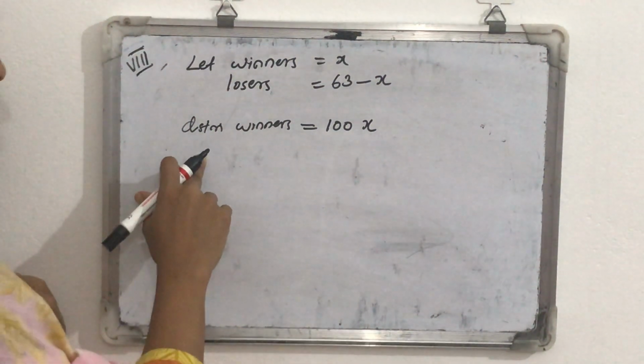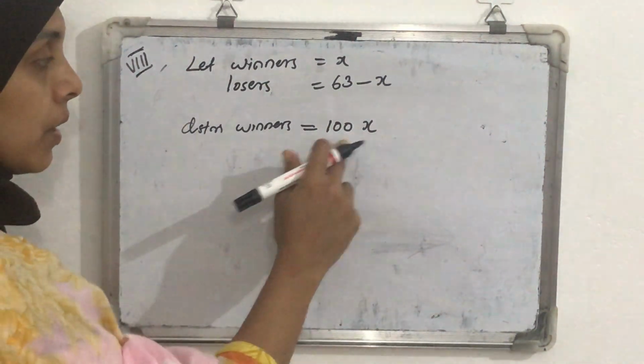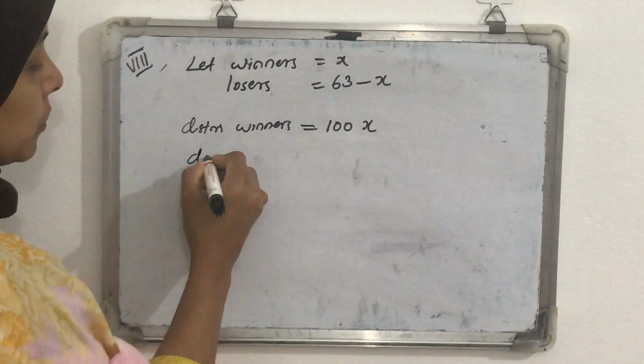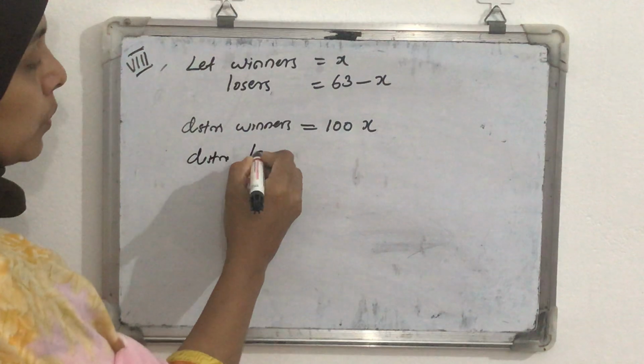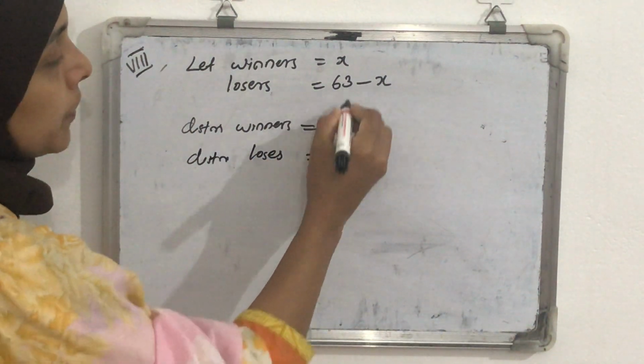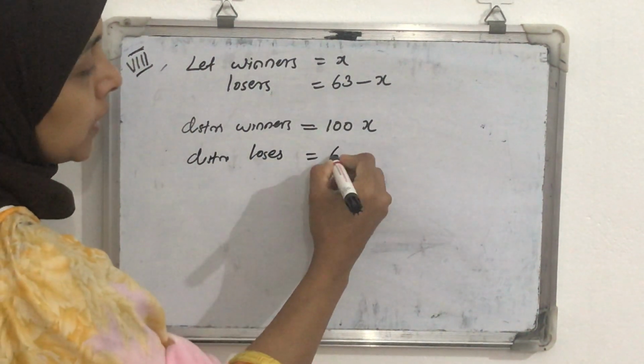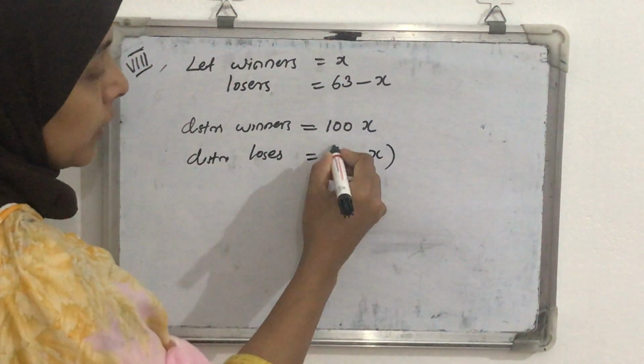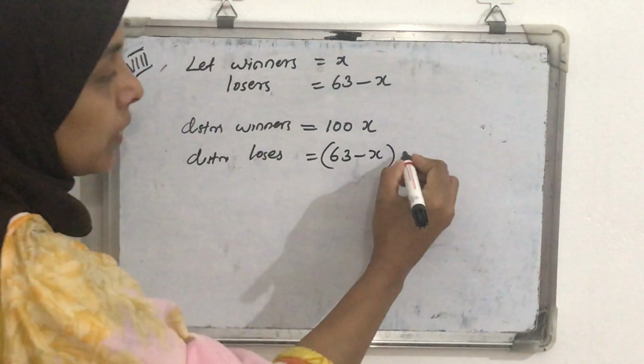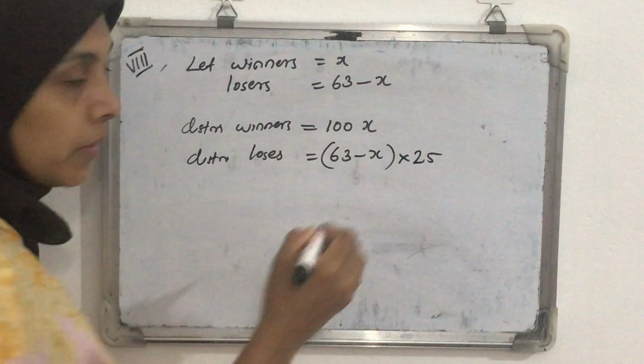Just like, the prize money distributed to losers is the number of losers, 63 minus x, multiplied by 25, since each one is given 25 rupees.